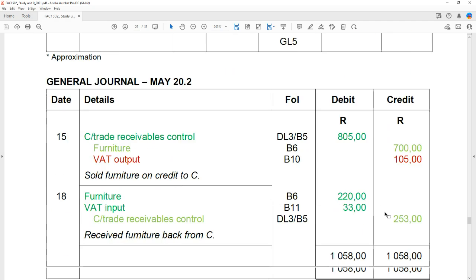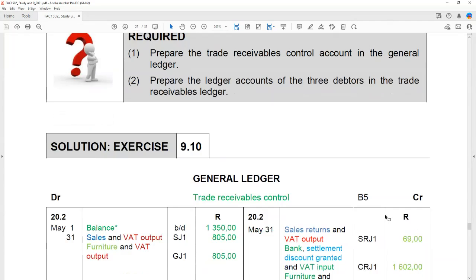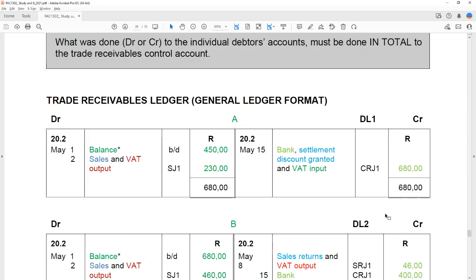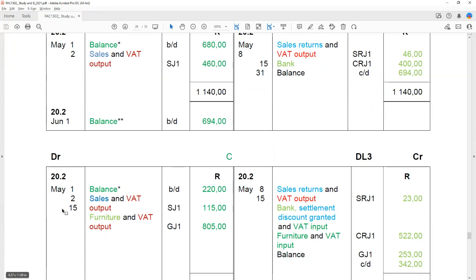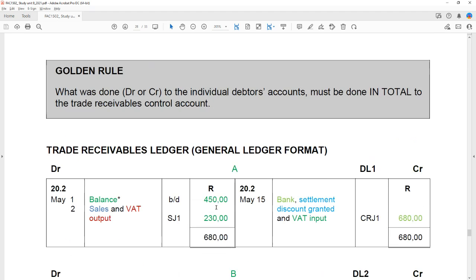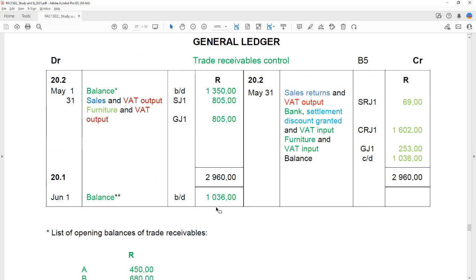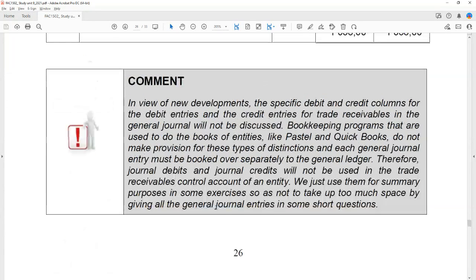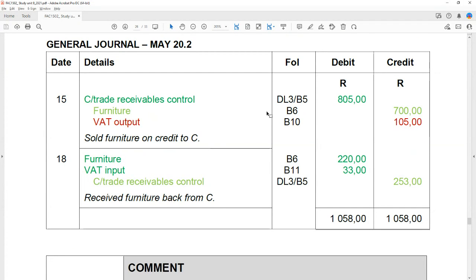So when we go to debtor C, we will note that on the 2nd, we have the sales and VAT output of 115 Rand. And then if you can remember, there was that furniture that we sold on credit. So here on the 15th, we sold on credit to C furniture for 805 Rand.